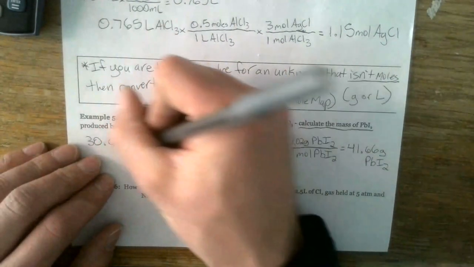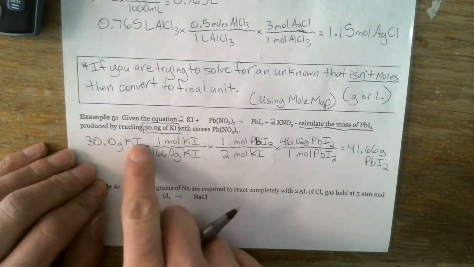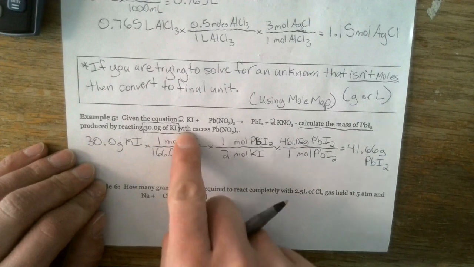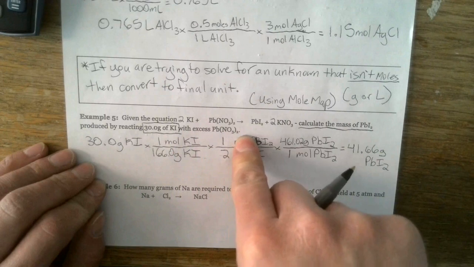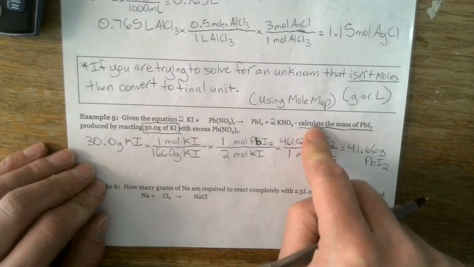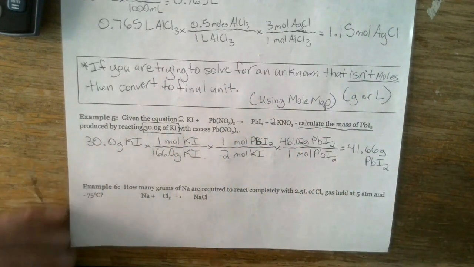And notice how we have this pattern where we go same unit up here, same unit down here. Next step. Same unit up here, same unit down here. Next step. Same unit up here, same unit down here. Next step, and now we're done.